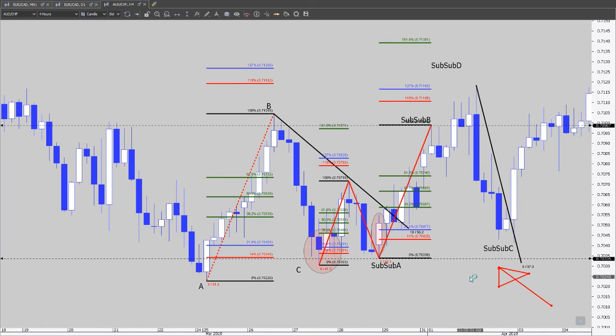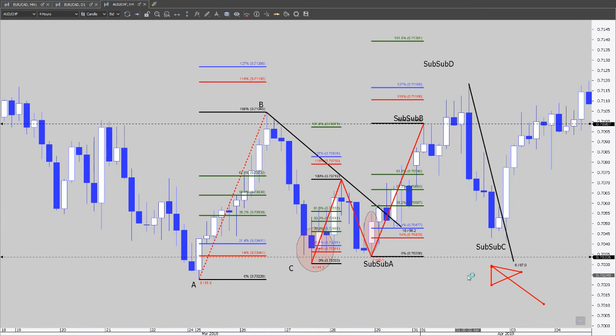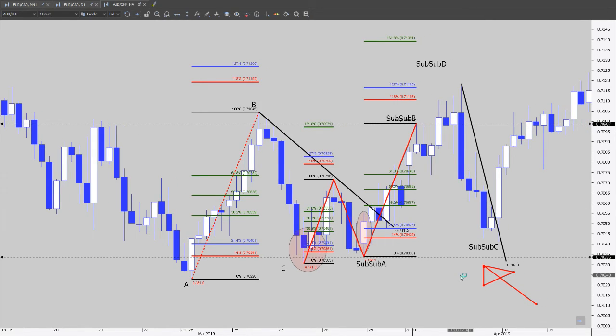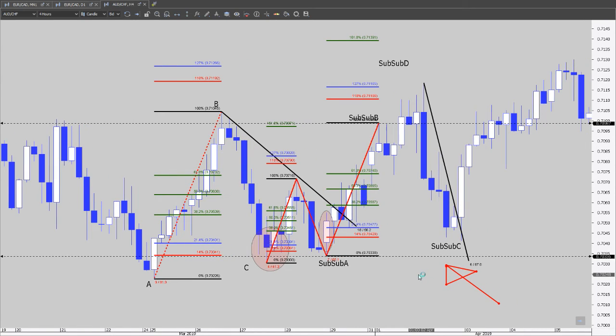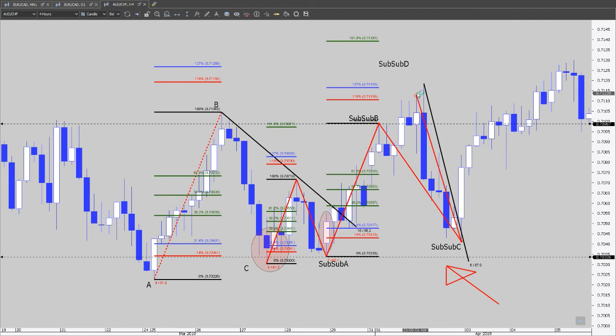So let's see, sub A, sub B, sub C, and sub D. We're waiting for the high. Now we have another high. So I'm keeping track of my sub A, B, C, D. This is the sub D right now.